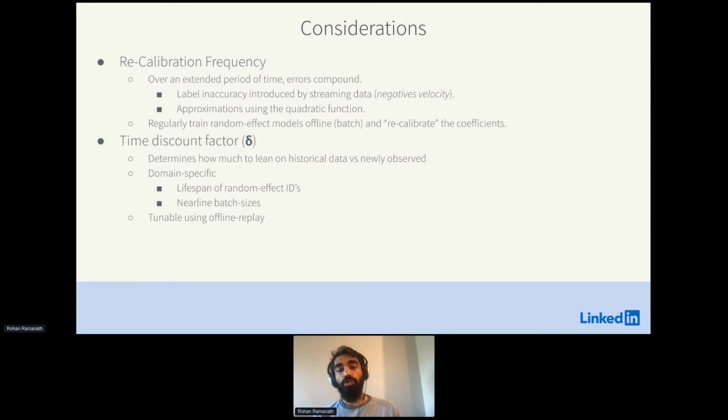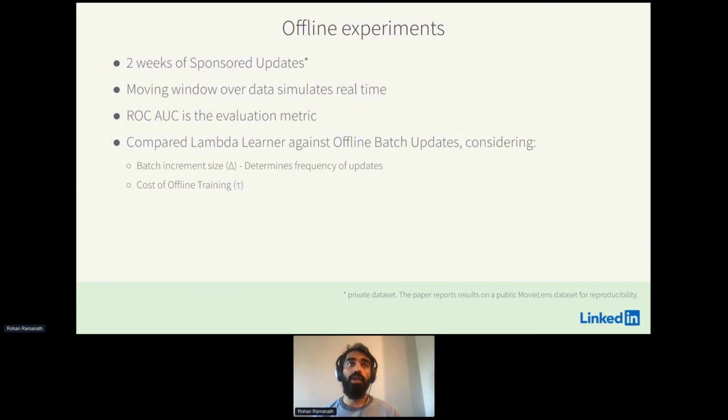So now you know all of the approximations we introduced to train the model and all the infrastructure that went into creating this in production. What do the results look like in practice, and how does this compare against what we had in production before? We used 2 weeks of ads data to train the model, and we used a moving window to simulate the online stream.